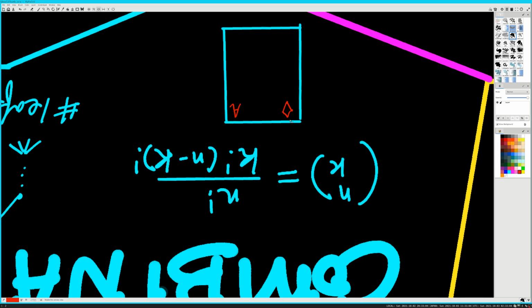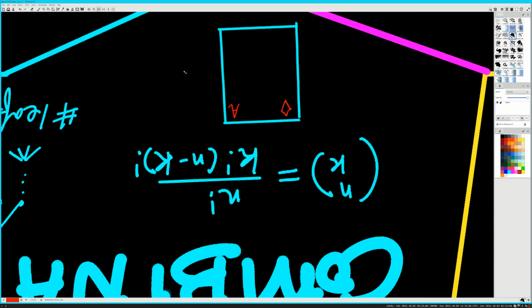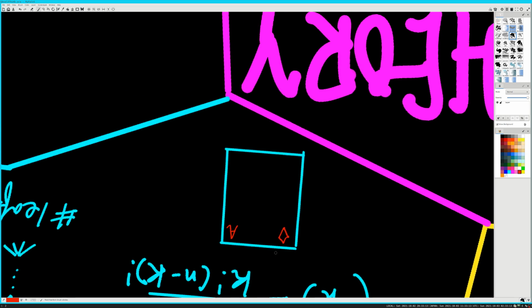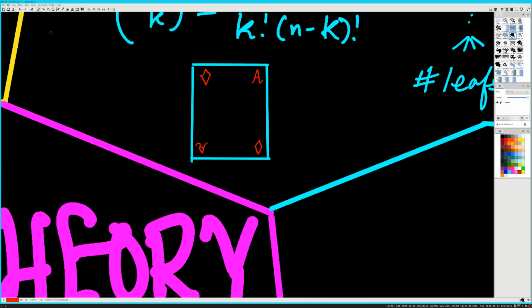That's close enough. Pen. I'm just going to go up here and do diamonds again. The ace. View, reset. Set rotation.